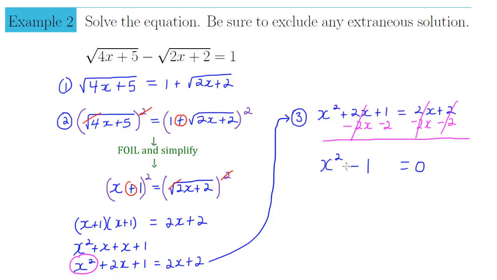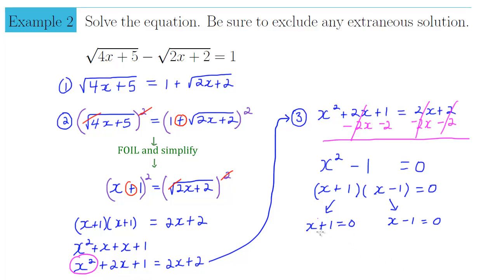It's a difference of squares. So I can solve this quadratic equation pretty quickly by factoring this down into x plus 1, x minus 1, which has to equal 0, and then setting each factor to 0. X plus 1 equals 0, or x minus 1 equals 0. Right? This is the factor method of solving quadratic equations.